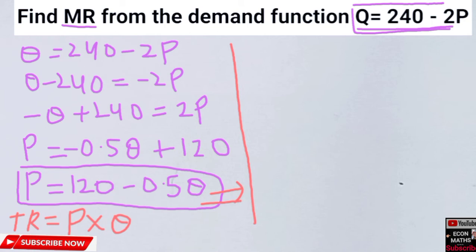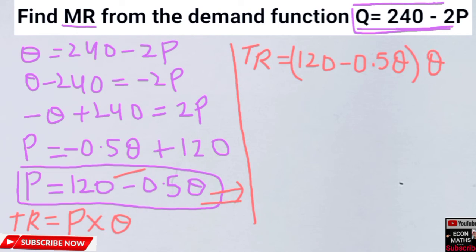So our total revenue will become TR is equal to the price function, that is 120 minus 0.5 Q, and we multiply it by Q, because total revenue is equal to price times quantity.